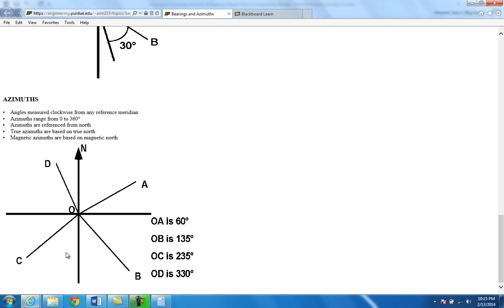So that'd be the same as a south 55 degrees west. And of course the last one from O to D is 330 degrees. The only thing you have to do, again, is 360 minus 330, which would be a north 30 degrees west.